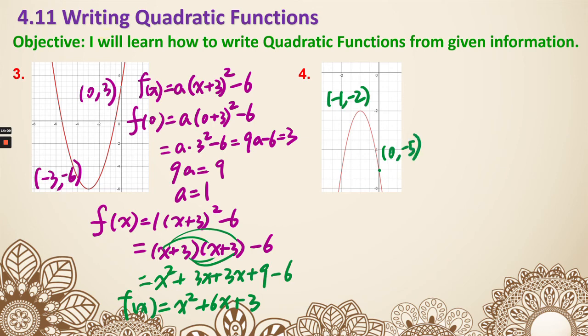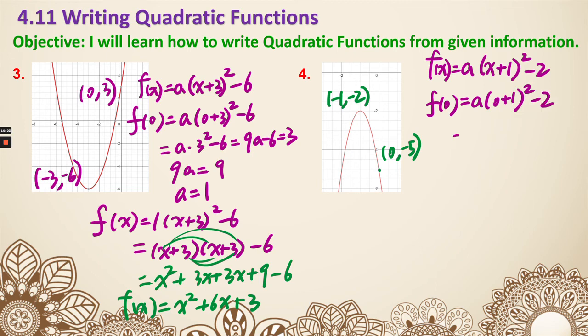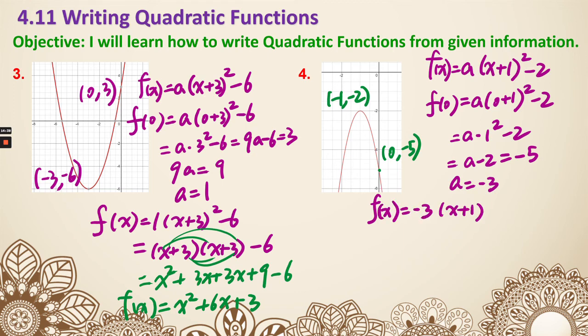First, set it up. f of x equals a times the opposite, so (x plus 1) squared minus 2. I'm going to plug in the y-intercept, f of 0, (0 plus 1) squared minus 2. So I have a times 1 squared minus 2, which is a minus 2, which equals negative 5. That means my a is going to be negative 3. So f of x equals negative 3 times (x plus 1) squared minus 2.